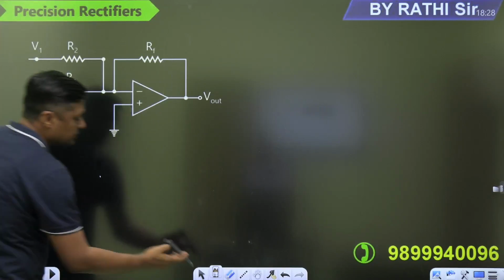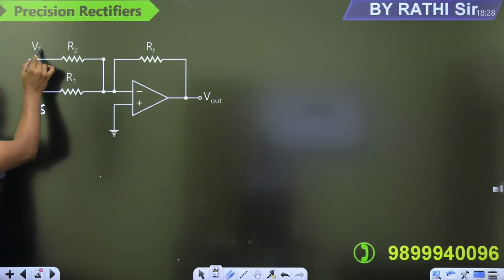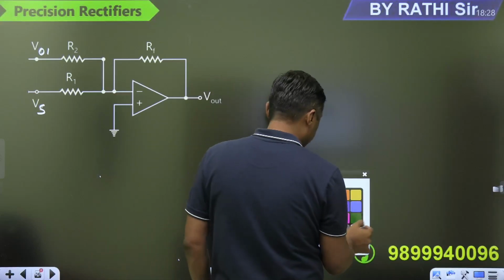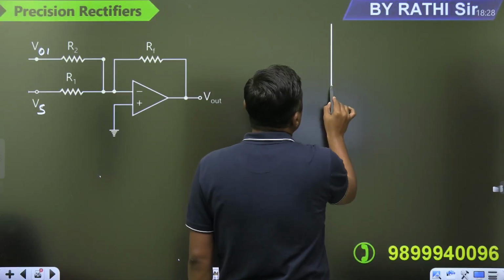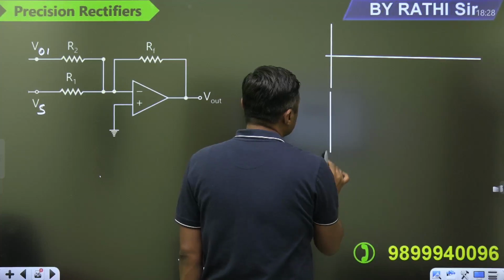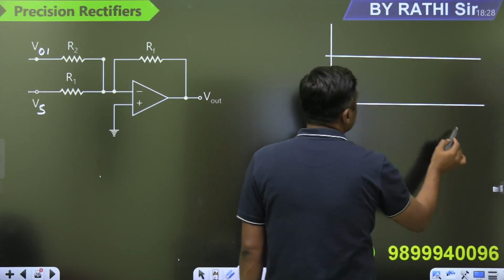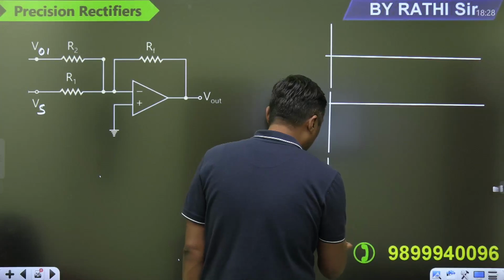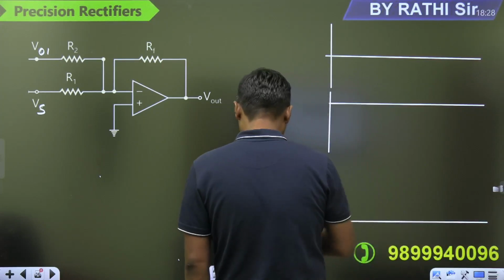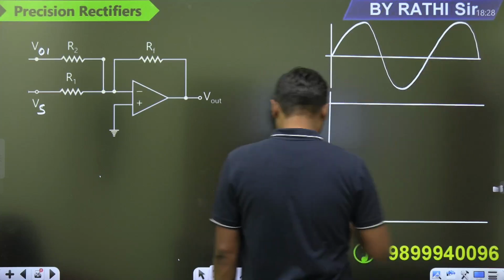If this is Vs, and the input is V01, now you can draw here. What is Vs? V01, and finally what will be the output? This is Vs, a sinusoidal waveform.